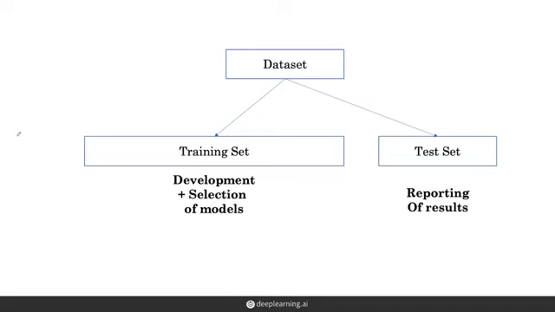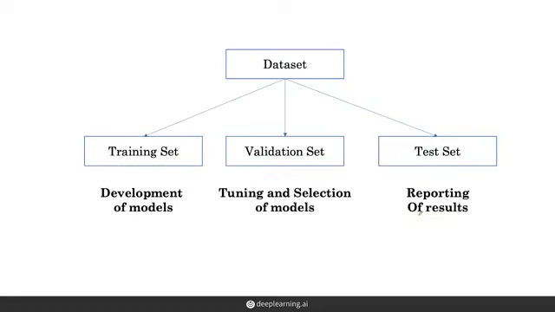When we apply machine learning to a dataset, we usually split it into a training and a test set. Our training set is used for the development and selection of models, and our test set for the final reporting of our results.